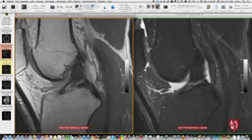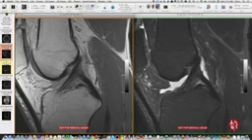You don't always put it together in one slice, so you have to scroll back and forth, but criteria for the ACL include that it obviously should be in continuity and it should be steep. It should be as steep or steeper than Blumensaat's line here in the intercondylar roof. On T2 weighted imaging, it should be low signal.